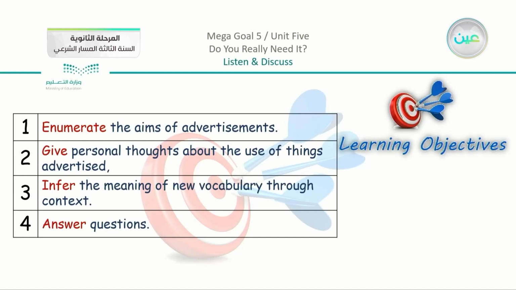Number 1, to enumerate the aims of advertisements. Number 2, to give personal thoughts about the use of things advertised. Number 3, to infer the meaning of new vocabulary through context. And number 4, we are going to answer questions.